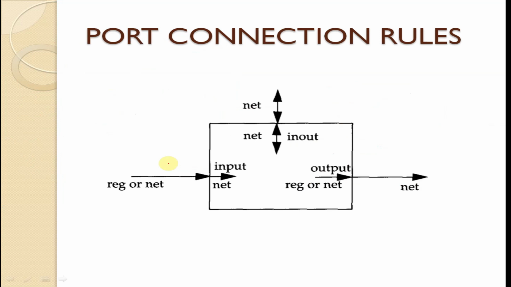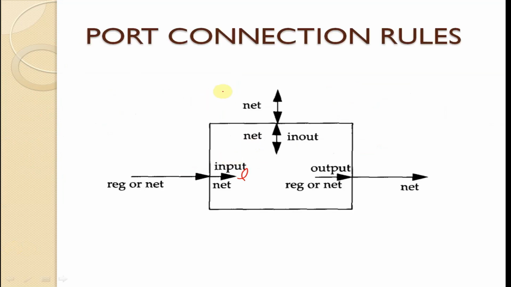So this is also a very important topic, port connection rules. Let's say this is our design. In our design, say we have an input port. This is an internal signal.